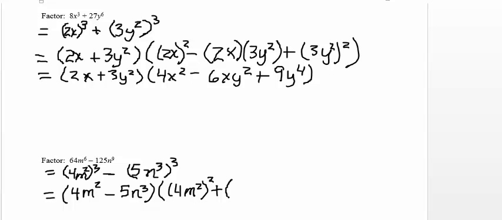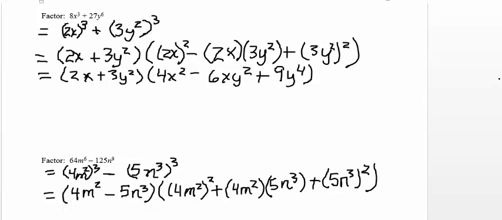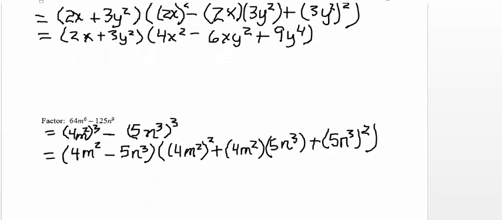Okay, here I have a times b, and this third term in the trinomial is always plus the square of b. So plus the square of 5n cubed. And then I just have one more step to simplify this. No change needs to be made to the binomial factor.